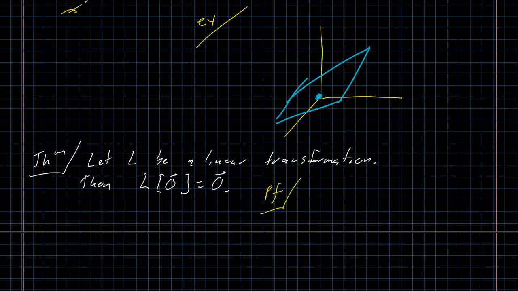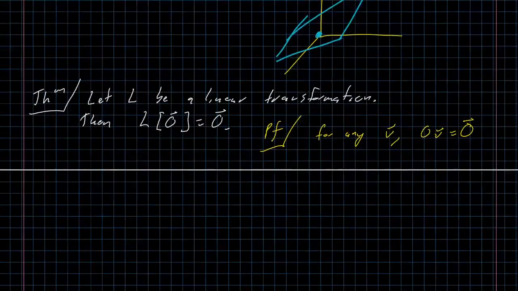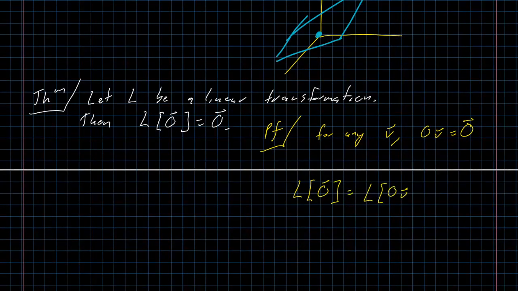The proof of this is very straightforward. Because in any vector space, for any vector v, 0, the scalar times v is equal to the zero vector. So that means that the linear transformation of the zero vector is the linear transformation of 0 times some vector v.